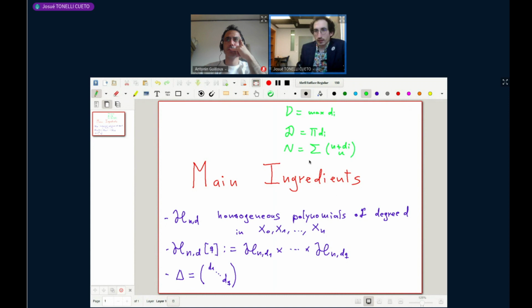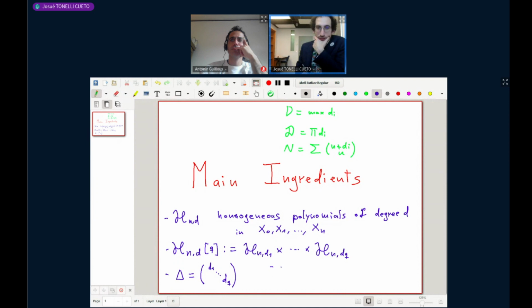So I introduced some new notation, which I recommend that you annotate somewhere. I will try to recall it during the talk, but maybe at some moment I forget.